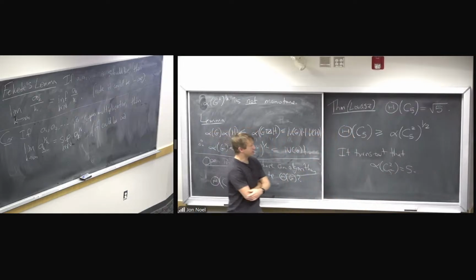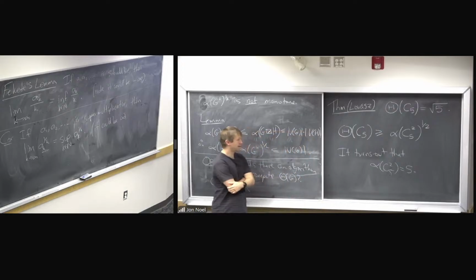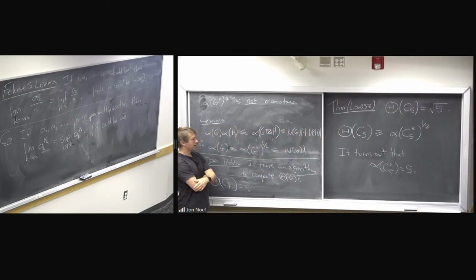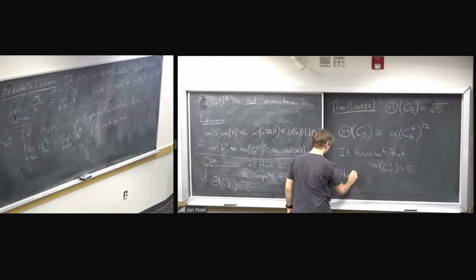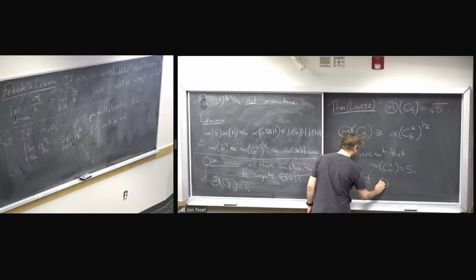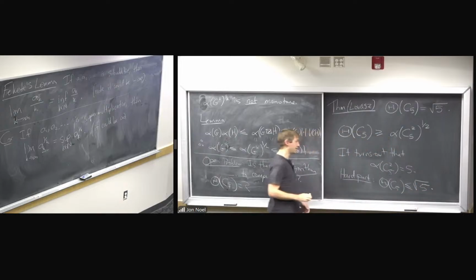So this gives you a lower bound of the square root of 5, because if I plug in 5 here, it'll be the square root of 5. So the hard part is to show that the Shannon capacity of C5 is less than or equal to the square root of 5. Okay, and that's going to be the main focus next time.